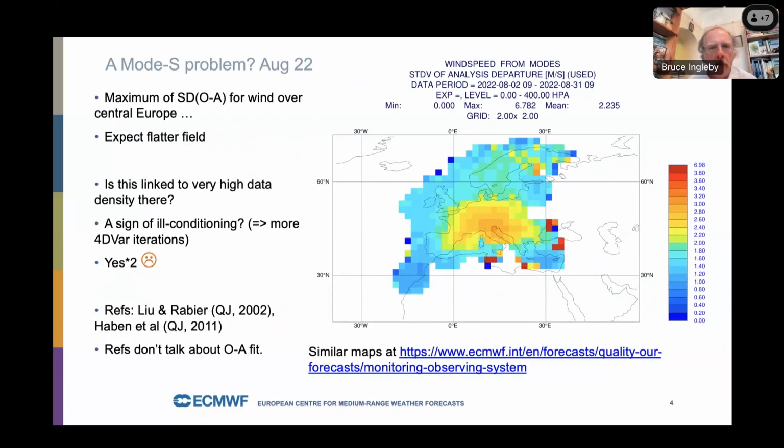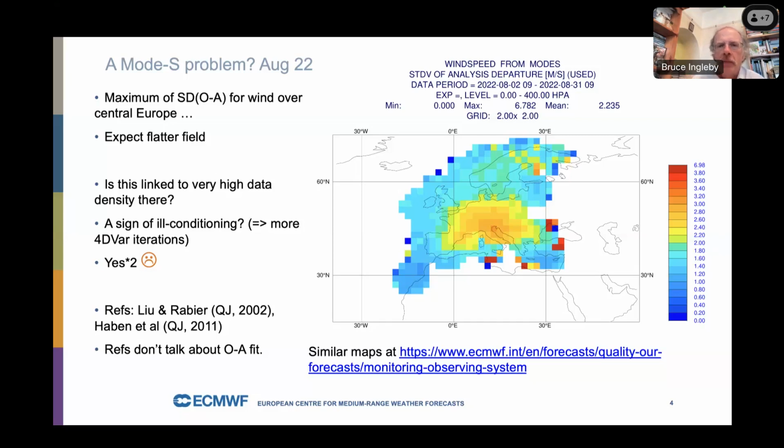Going back a bit further, early September 2022, I saw a version of this plot for Mode S data. It's the same field, standard deviation of O minus A, and I was unhappy seeing the maximum in Central Europe.